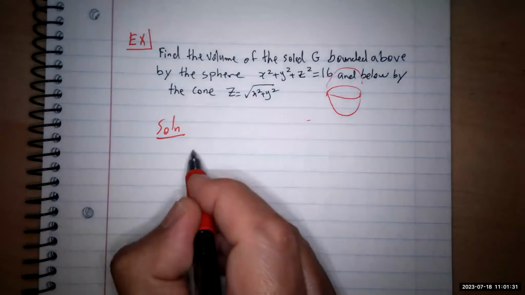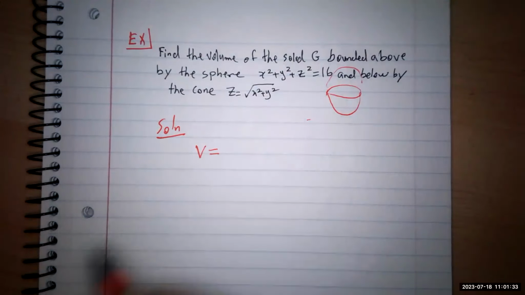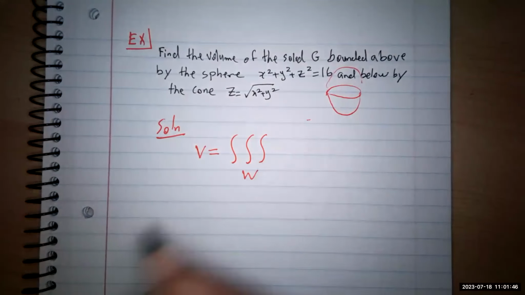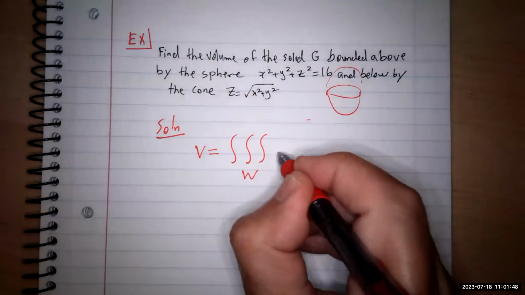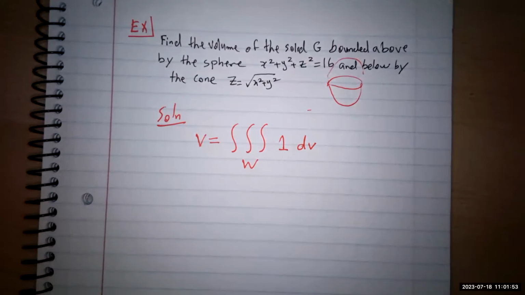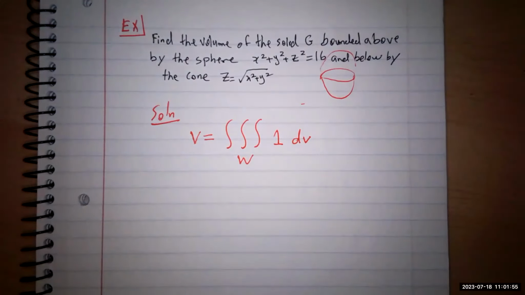So the volume V is equal to, if you do it with the triple integral, dV would represent the volume. So you don't need to carry any other function. You see 1, 2, 3 on the W, the region that we're going to get, and then you put the 1 here and the dV. That's going to be the formula for the volume with the triple integral.